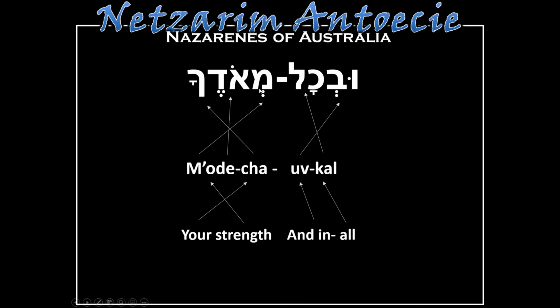And then we have m'odecha, m'odecha. And again, I've broken it down. Kal is all. This is and in, and in. And this is your. Cha, what we discovered is that the personal pronoun is always at the end.